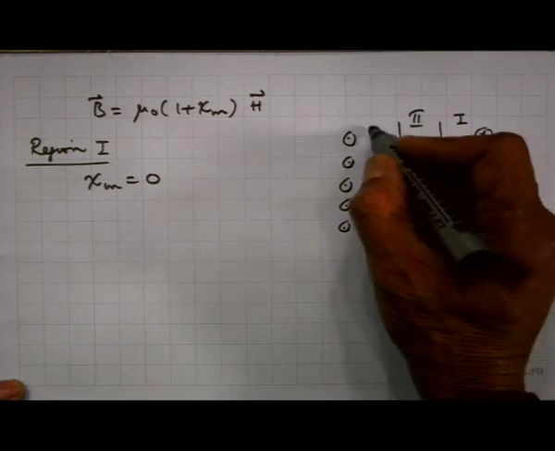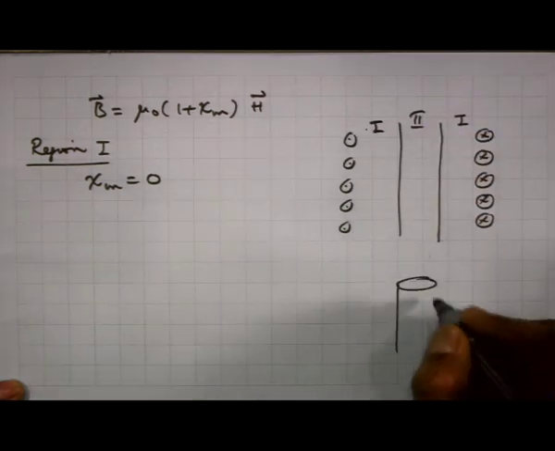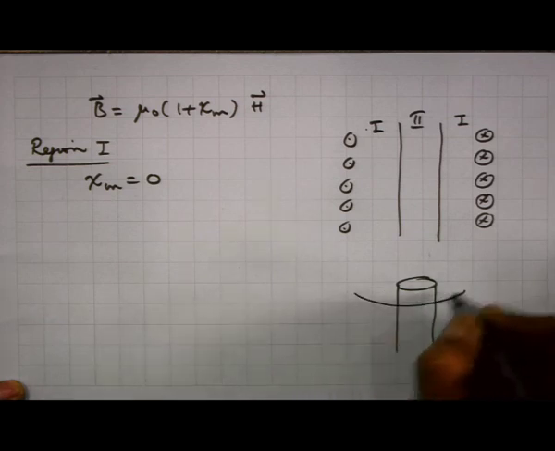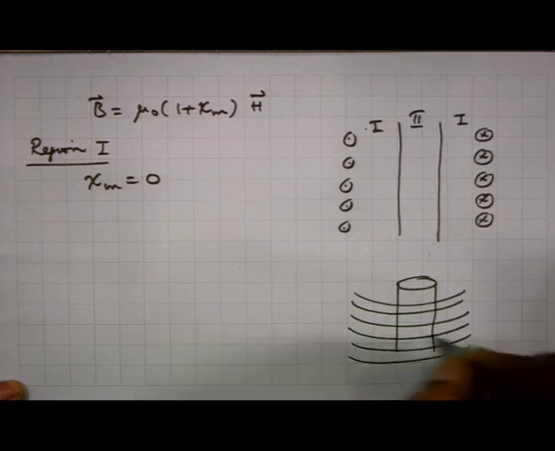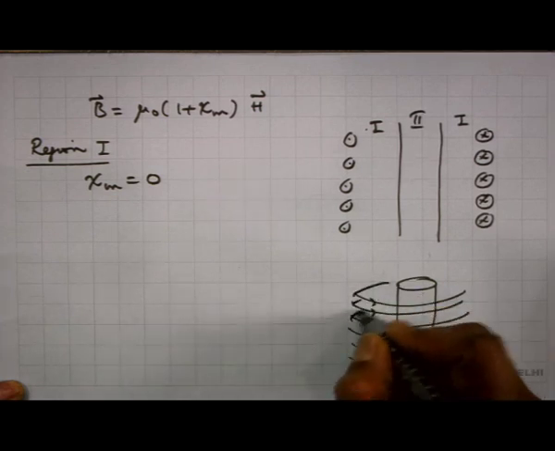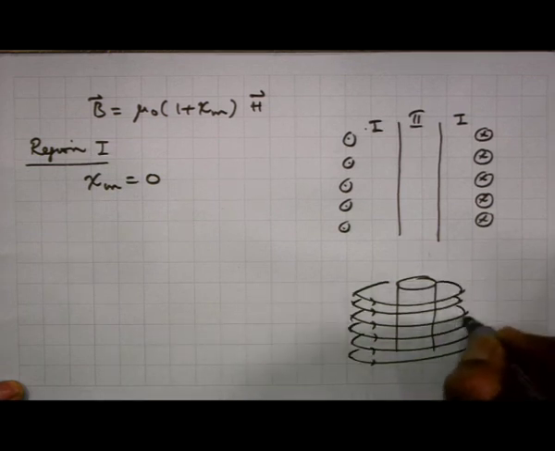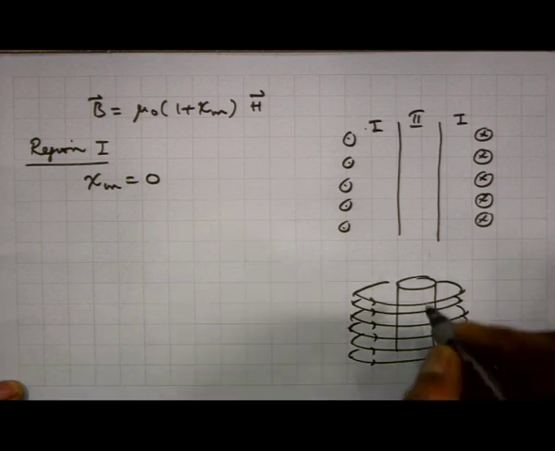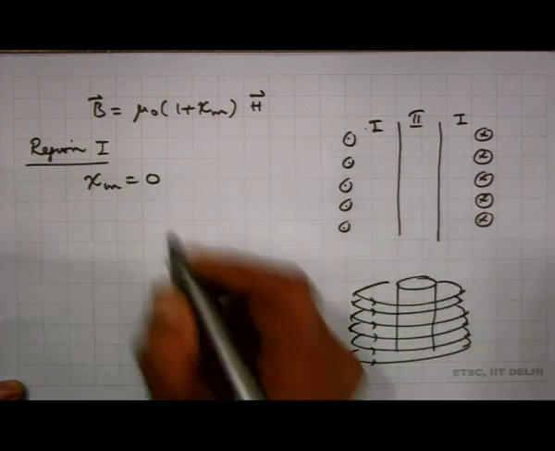This region 1 also includes this part, for the same reasons, because remember this is the material and the wires are going like this. So, this entire thing outside this cylinder, but within the solenoid, is region 1.